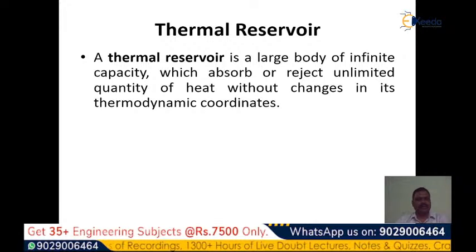The examples of this thermal reservoir may be the furnace in case of a thermal power station, and the combustion chamber in case of IC engines. The atmosphere itself is a very big thermal reservoir of infinite capacity of heat, and a river can also be considered as a thermal reservoir, and even the ocean.